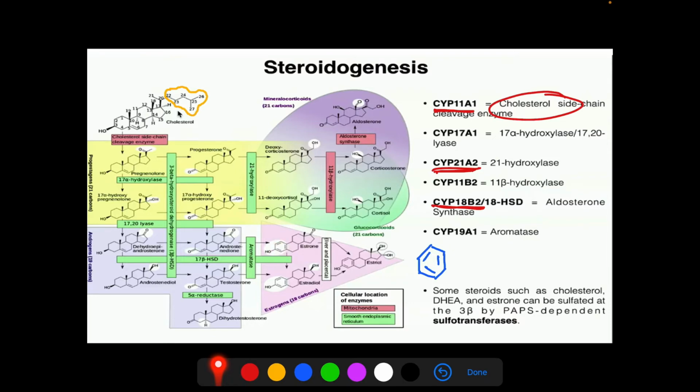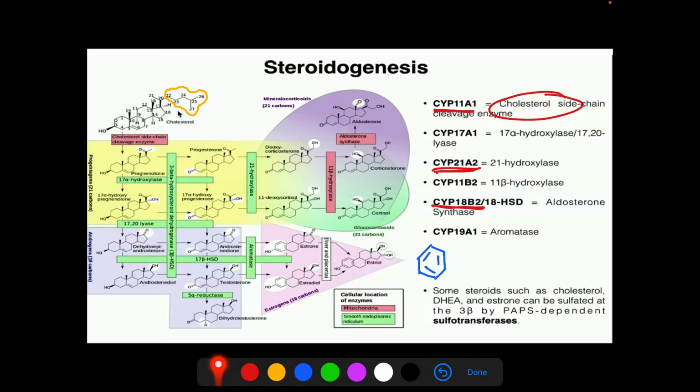Okay. So one of the defining features of all the estrogens is the aromatic A ring. That's why the enzyme was named aromatase, because this enzyme aromatizes the A ring.